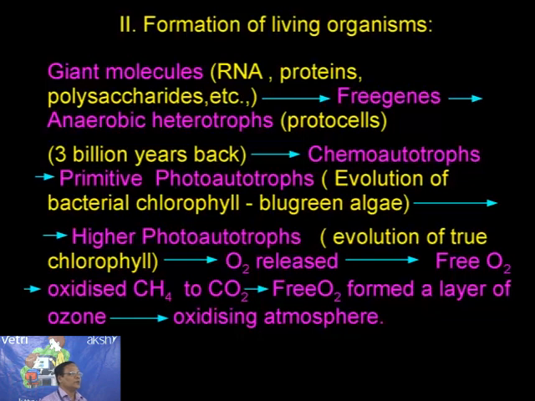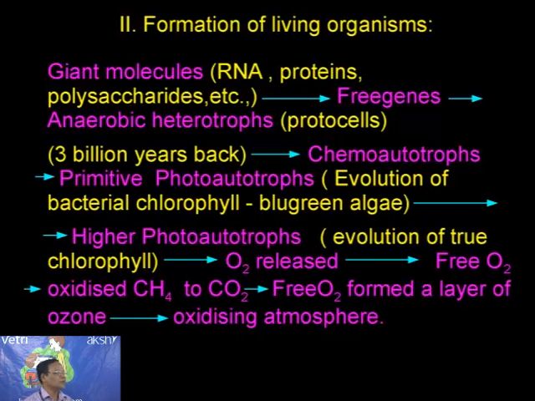Then later, the primitive bacterial chlorophyll was transformed into the higher phototropic chlorophyll complement, which is nothing but the true chlorophyll. So the true chlorophyll made its origin from the primitive phototropic bacterial chlorophyll.